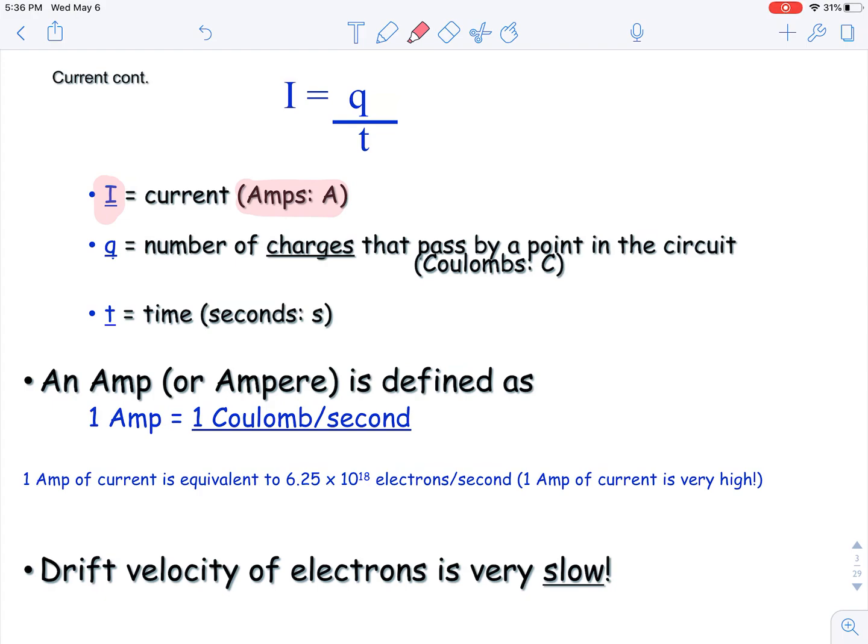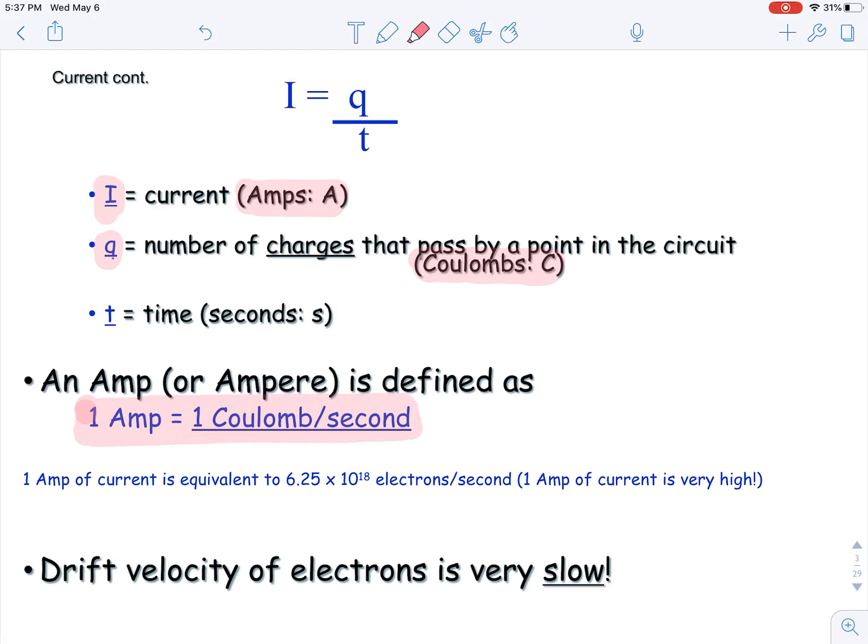Q is also the symbol, a funky symbol, for how much charge we are talking about. It's measured in coulombs, the symbol for which is capital C. T is time, it's seconds, that hasn't changed. So you can see current is basically charge divided by time, how fast current is flowing. Don't get freaked out by this little bullet point down here.